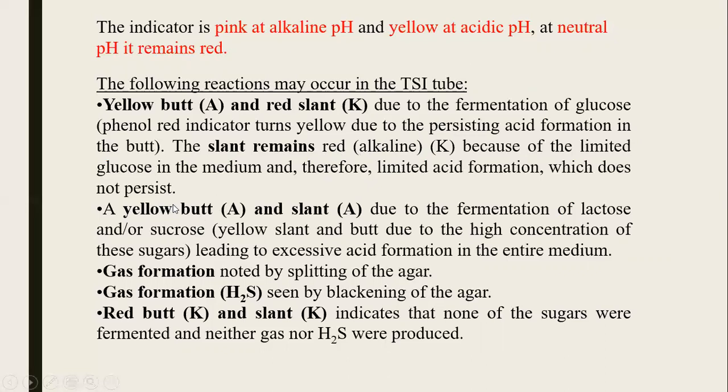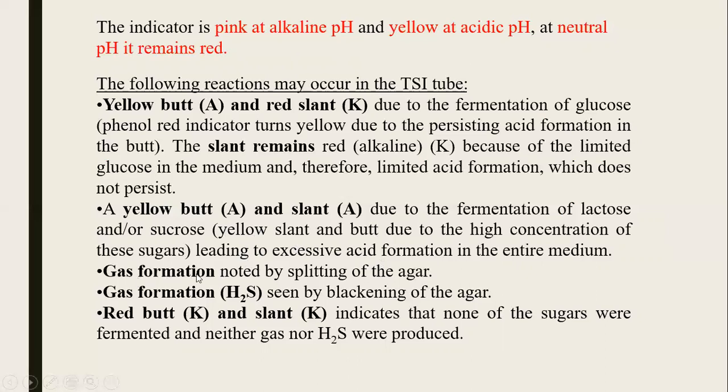And if the tube shows a yellow butt and yellow slant, the slant and butt are both yellow due to the fermentation of lactose and sucrose. That leads to excessive acid formation in the entire medium, and gas formation.